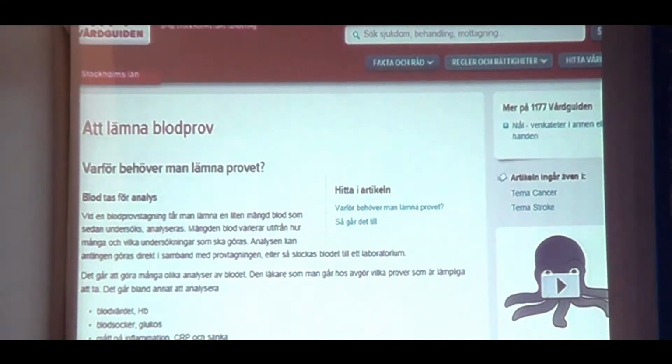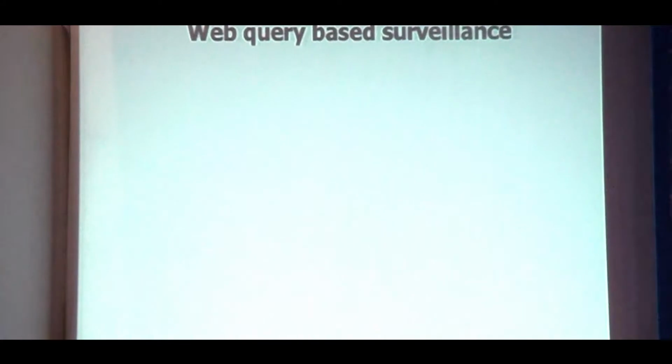Now, as on most websites, the user has the possibility to search for information, and everything that's submitted to the search engine connected to this website is logged. And it is these logs that we use for our surveillance purposes. Here I would also like to mention that the logs that we work with are anonymous. So in 2014, there were about 9.5 million queries submitted to the search engine on this website.